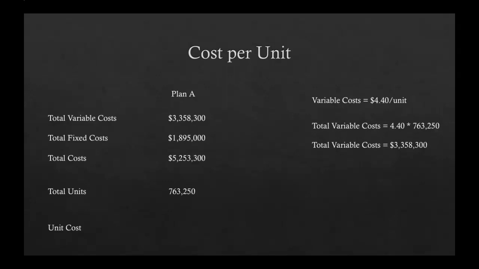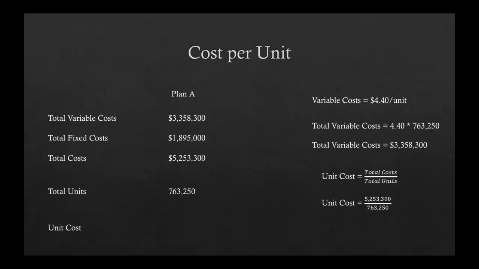So now our total cost, that's just your variable and your fixed added together. Under plan A, the total cost was going to be $5,253,300. Then we need to calculate our unit cost. That's going to be your total cost divided by your total units.